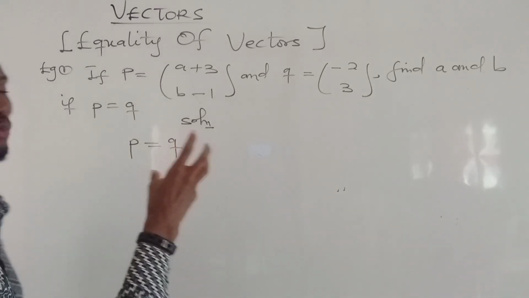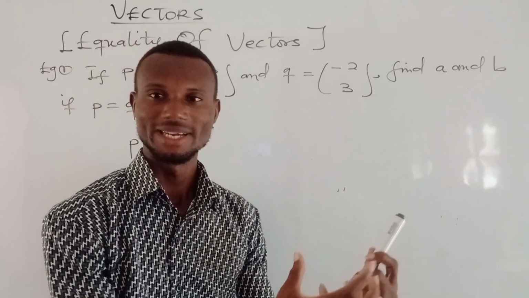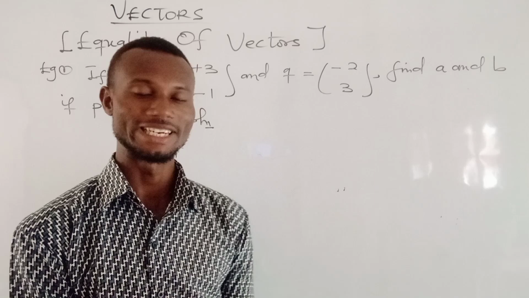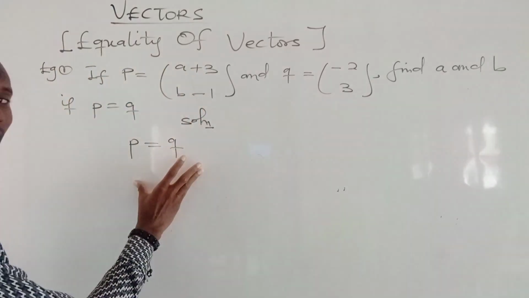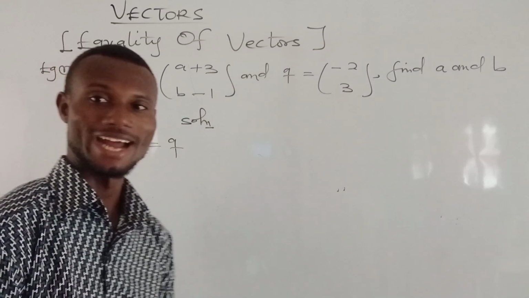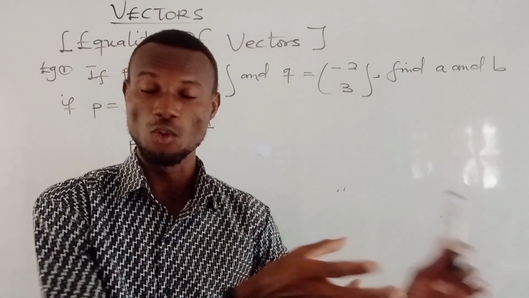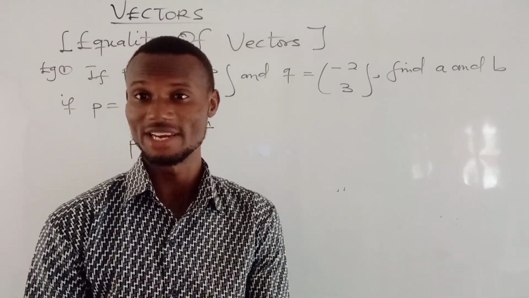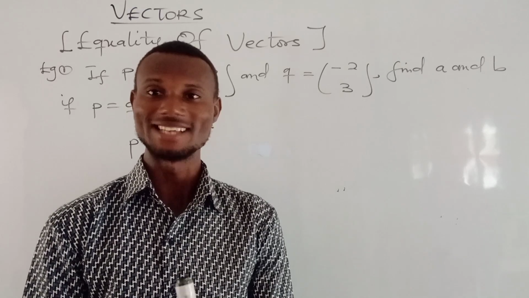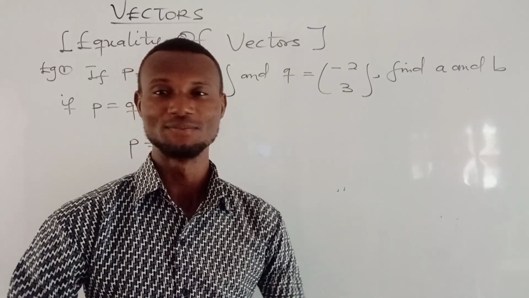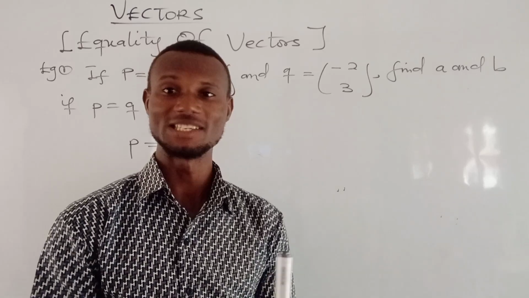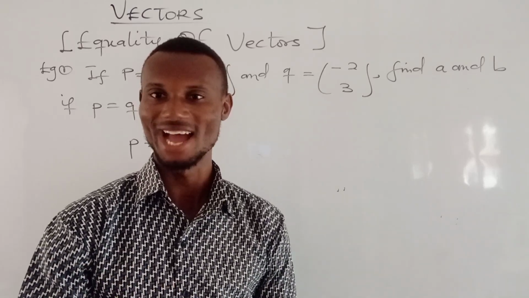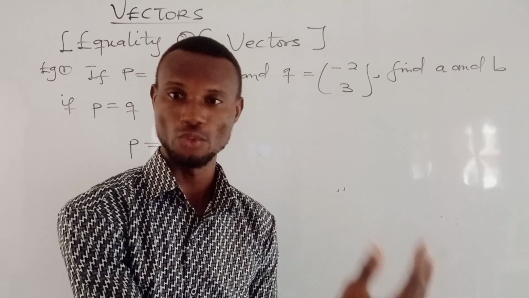Now I'm going to input the values of the vectors P and Q that have been given into this equation. Then we can equate the corresponding components, because I've explained to you that when two vectors are said to be equal, it means their corresponding components are the same. That's why we can equate them.